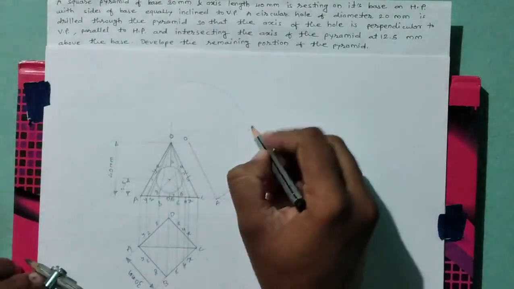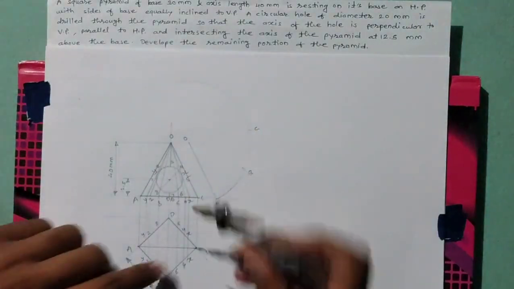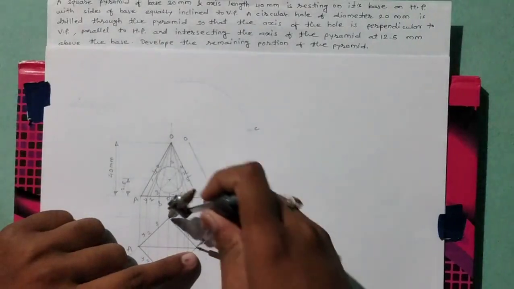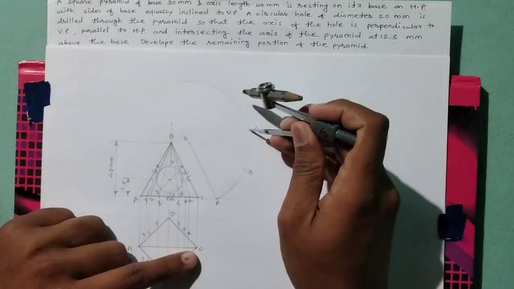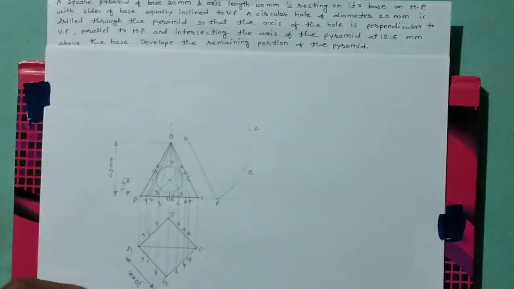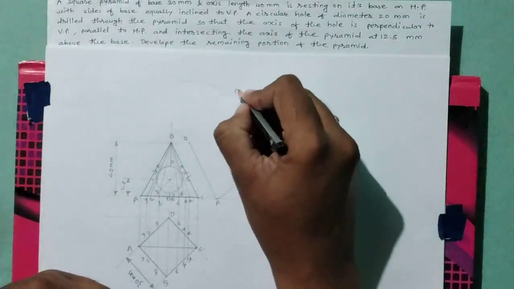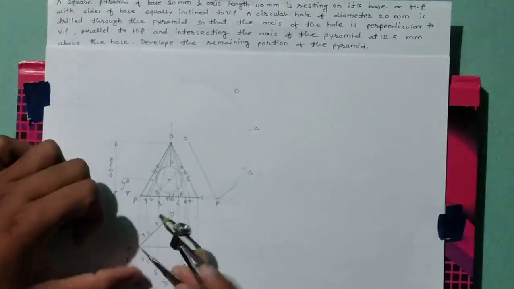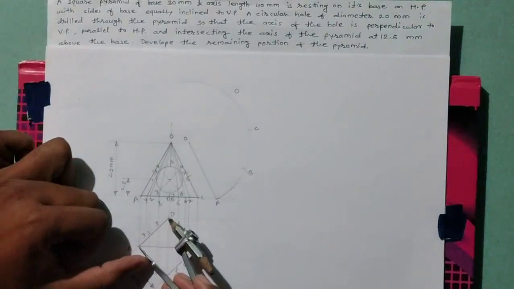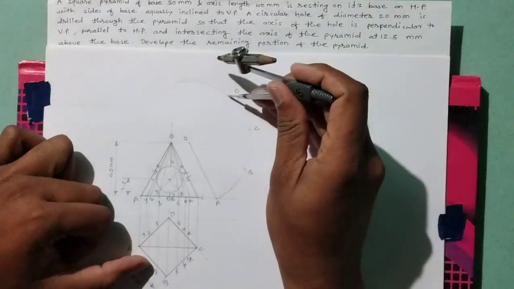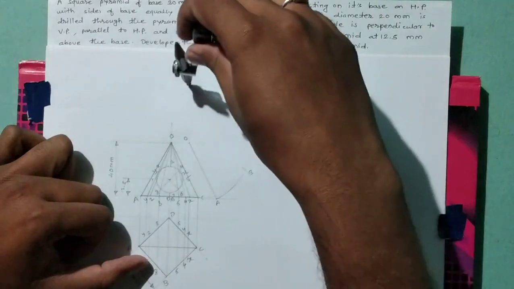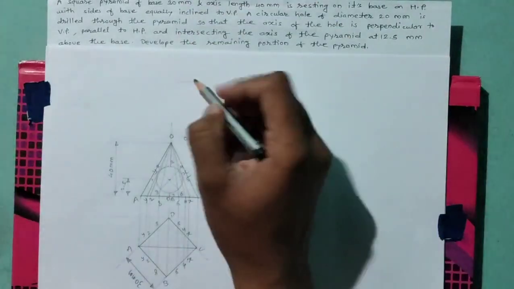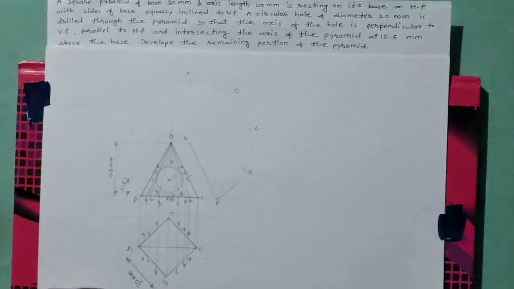Name this point C. The distance will be the same from C to D; put point D here. Then take the distance D to A and put it here. Name this point A.